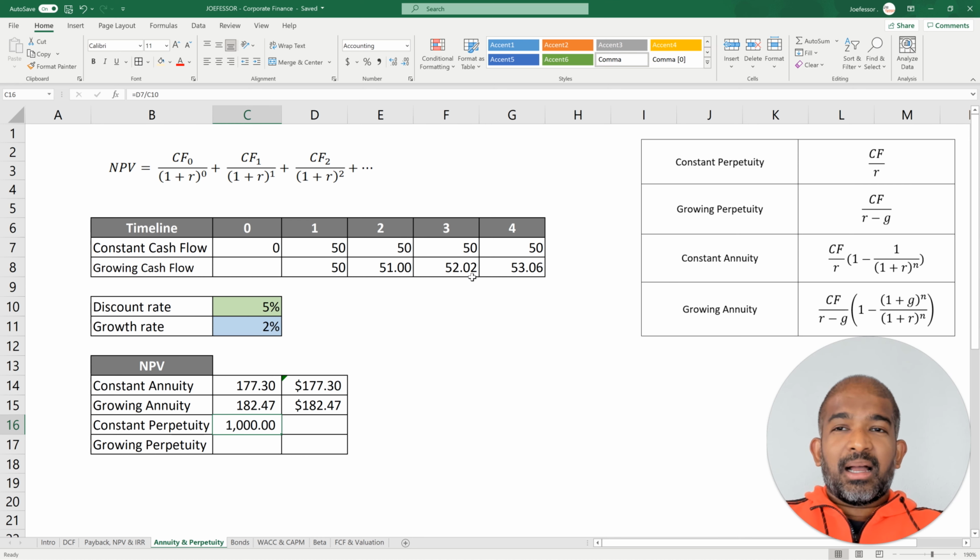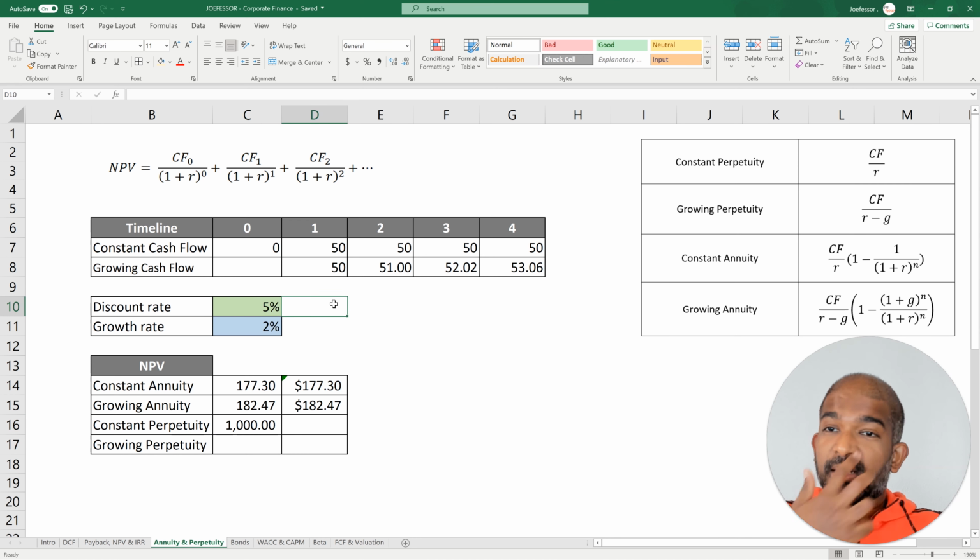It might sound counterintuitive to think that receiving $50 every year forever is the same as receiving $1,000 today, assuming your discount rate is 5%. It's a bit hard to conceive this, right? So how do we interpret this?